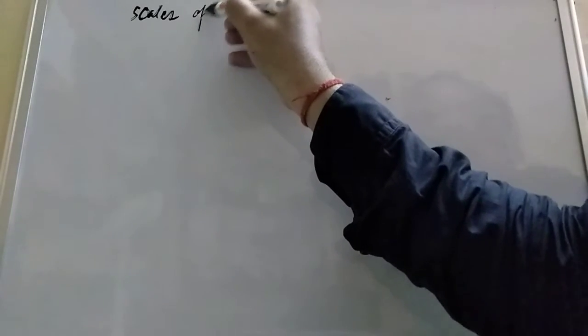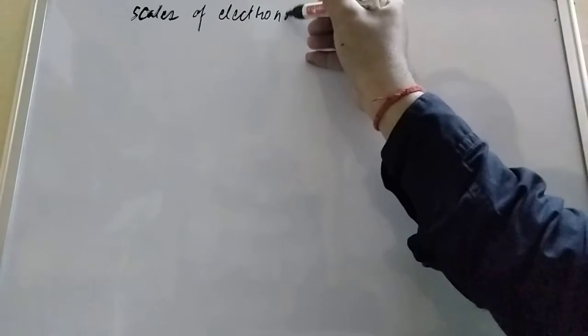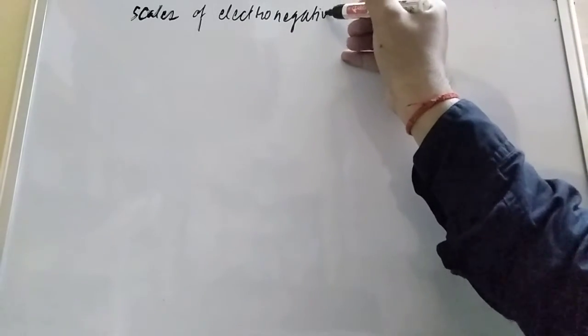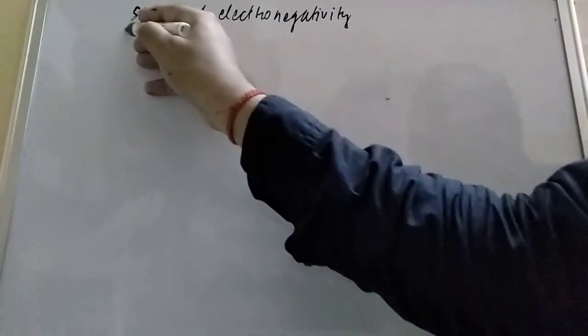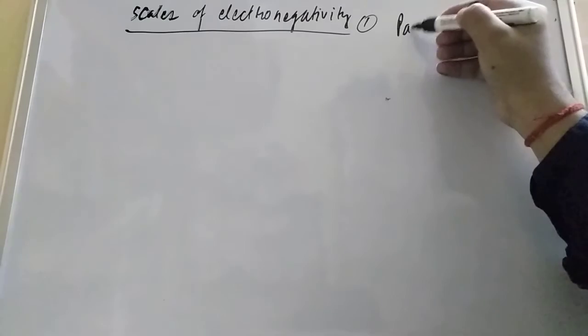What are the scales of electronegativity? The first scale is known as the Pauling scale.